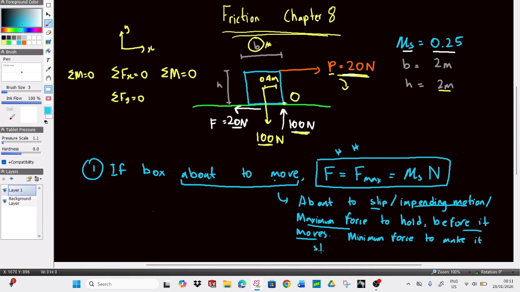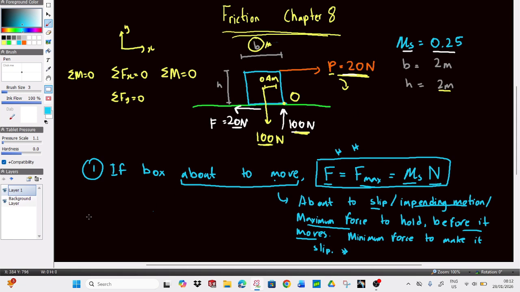There's many ways they can phrase this, and if it's something along these lines, then we know the box is about to move, and we can take the assumption that our frictional force is always the maximum static frictional force, which is just μs times the normal force.